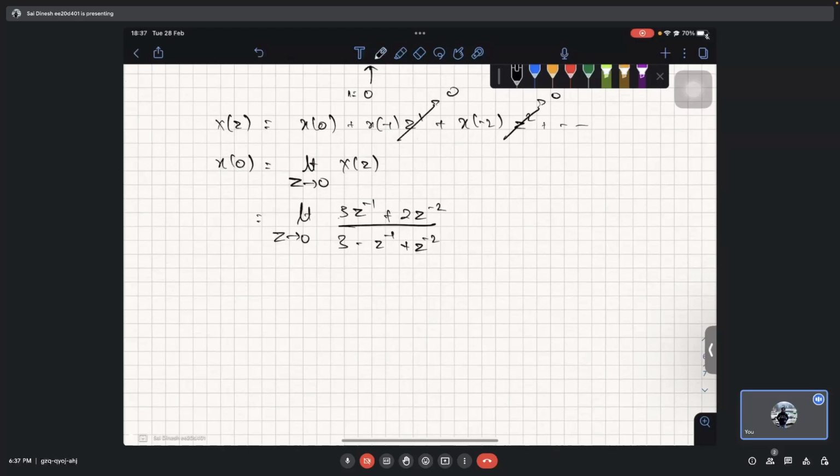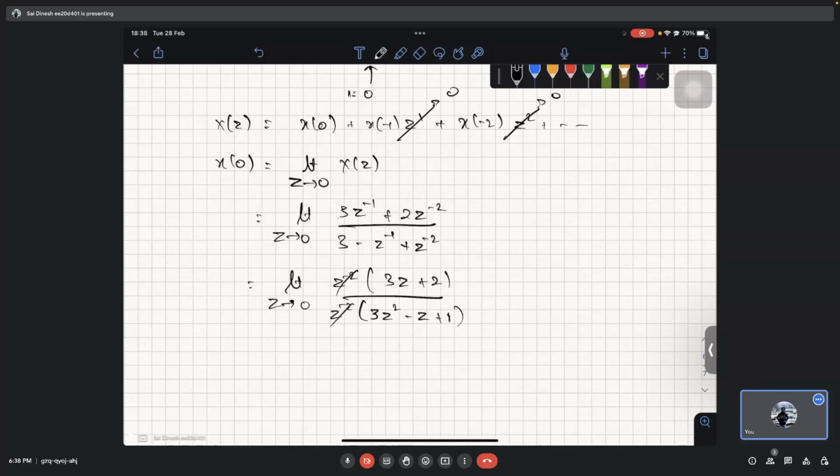Since we cannot simply put z equal to 0 here, if we take z power minus 2 common, we get (3z plus 2) by (3z square minus z plus 1).